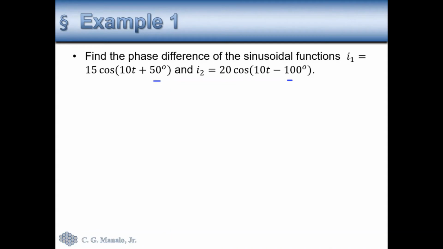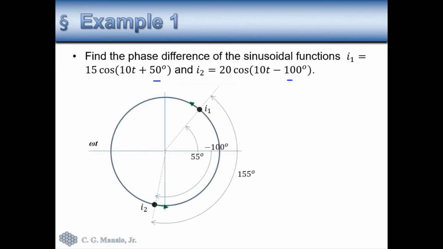So the question is which is leading and which is lagging, and by how much. So we draw it in a circle. Based on our drawing, it is clearly shown that I sub 2 is lagging I sub 1, or I sub 1 is leading I sub 2 by this angle.